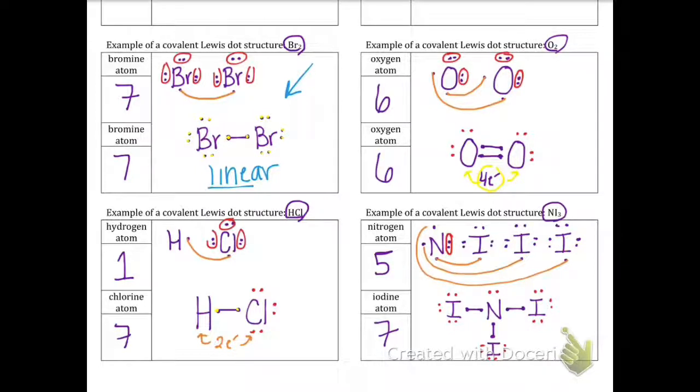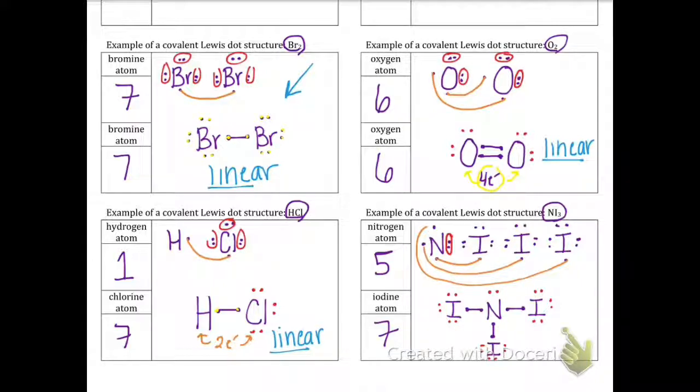The next one as well, there is no middle element, so this also creates a line, so we call this linear as well. This next example also has no middle element, so this one is also linear, creates a line.